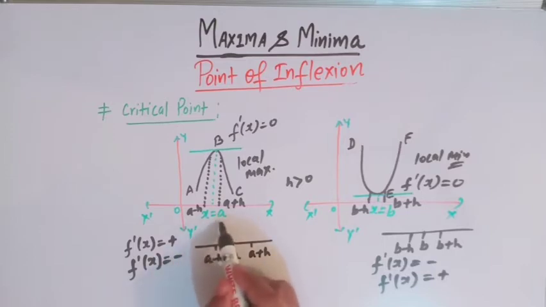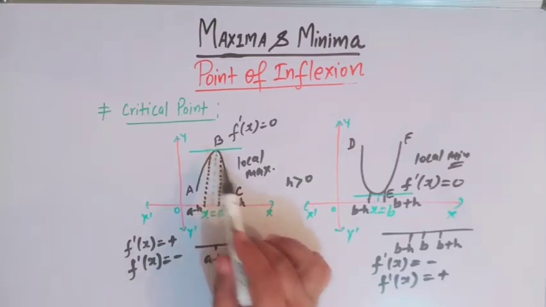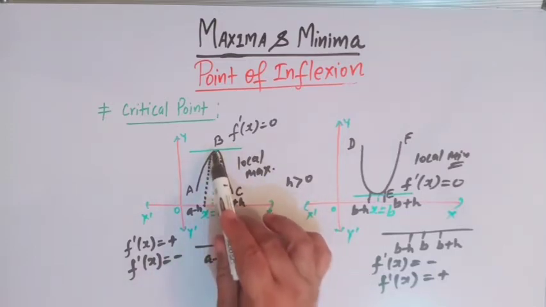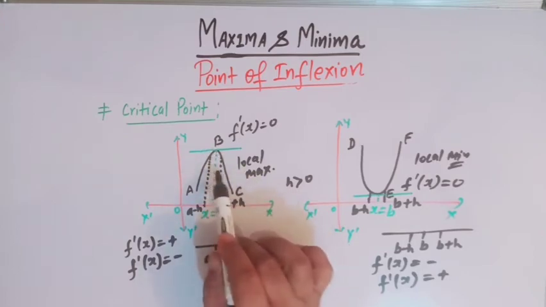So x equal to a is the critical point, and the function attains a local maximum.